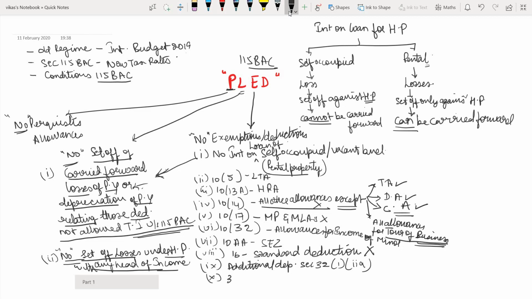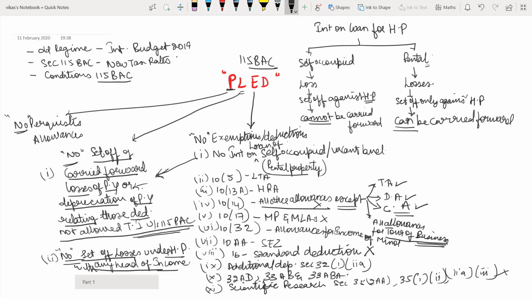Then 32AD, 33AB and 33ABA are also not allowed. Moreover, the scientific research sections under section 35, that is section 35(1)(ii), 35(1)(iii), 35(2AA), 35(2AB) and 35(3), all these are not allowed from now onwards.